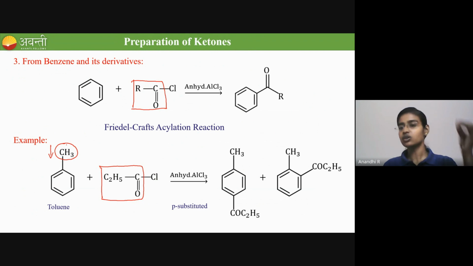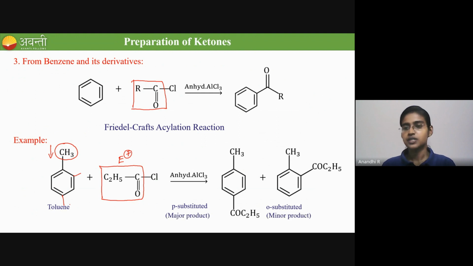If an electron donating group is attached to the benzene ring, the incoming electrophile goes and attacks the ortho position and the para position. Ortho means adjacent position and opposite means para position. So that's why we are getting two products. One is para substituted, the other one is ortho substituted. Para substituted is the major product and ortho substituted is the minor. Got it? This reaction is called the Friedel-Crafts acylation reaction, from which we prepare ketones from benzene and its derivatives.